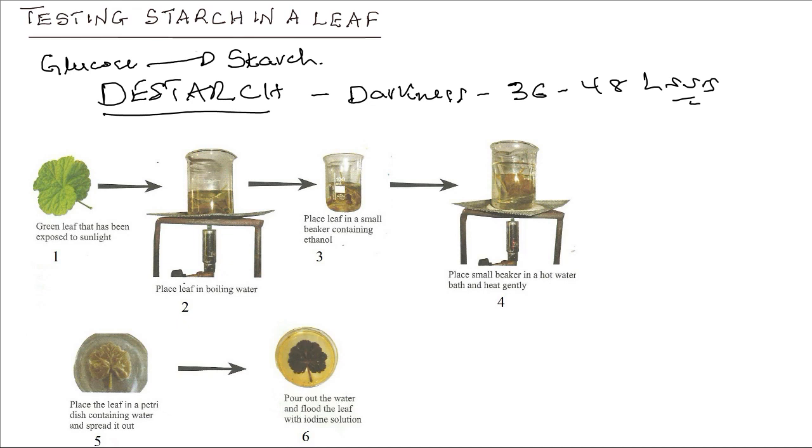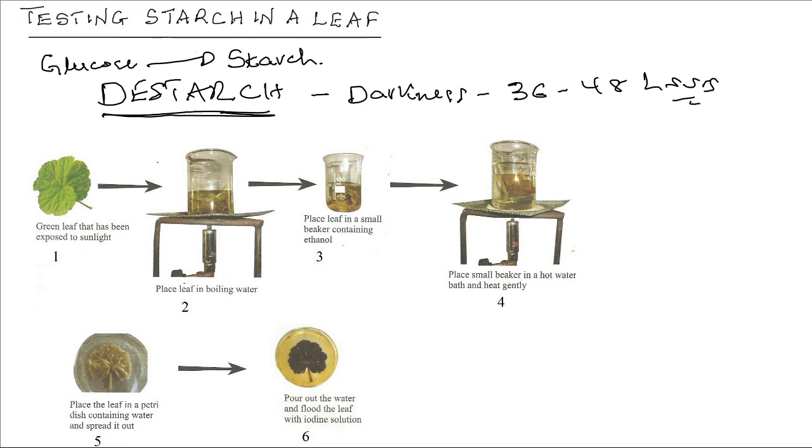During this time, all the starch in the leaf will be hydrolyzed, and the resulting glucose will either be used in respiration or formed into fructose and sucrose and then translocated to other parts of the plant. So the first step is to destarch the plant.